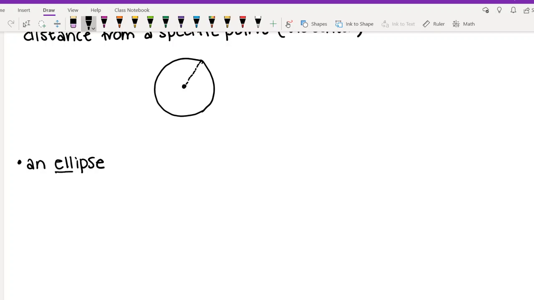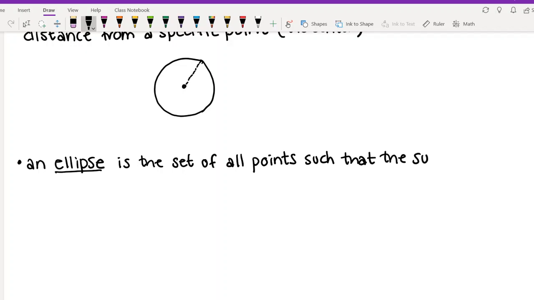So an ellipse is the set of all points such that the sum of the distances to two specific points. So now we don't really have one center, we kind of have two centers.